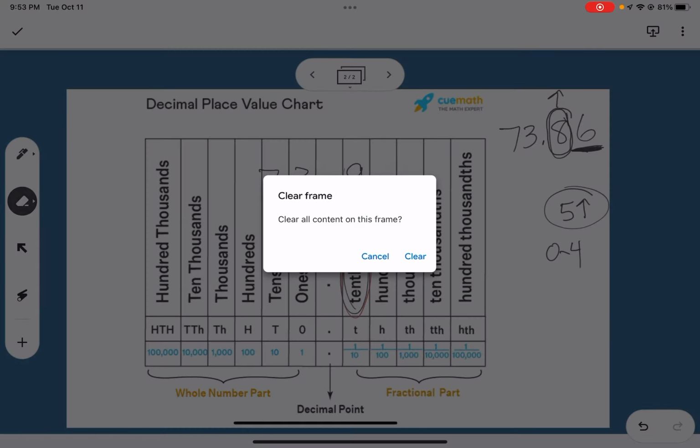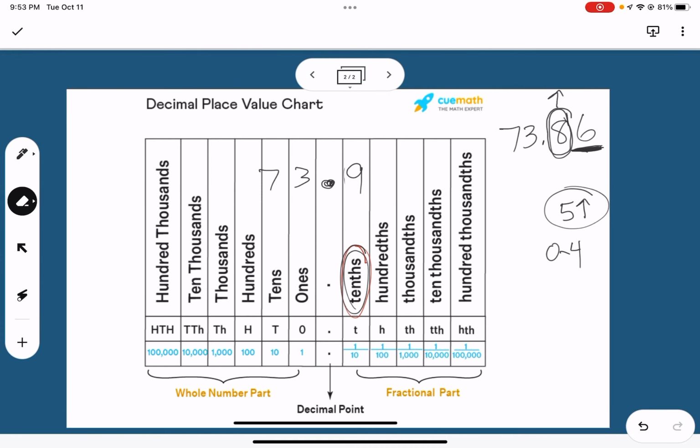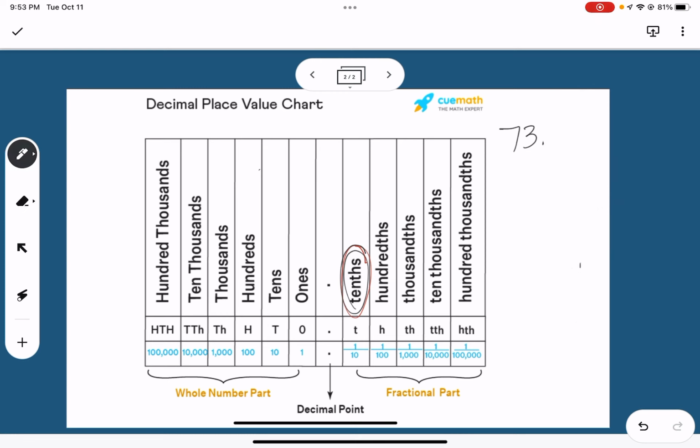Okay. What if I would like to round differently? Let's say it's 73.864. And let's pretend that this time I would like to round to the hundredths spot.